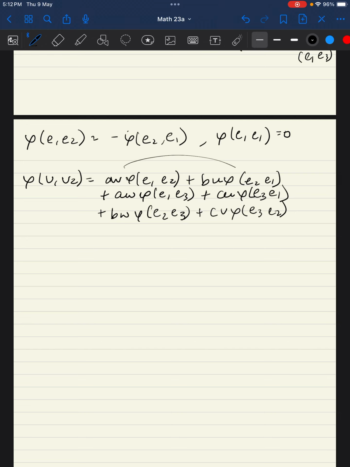All right. Now we can start grouping terms together. So I'm going to do these two, I mean, I wrote them down in that order.